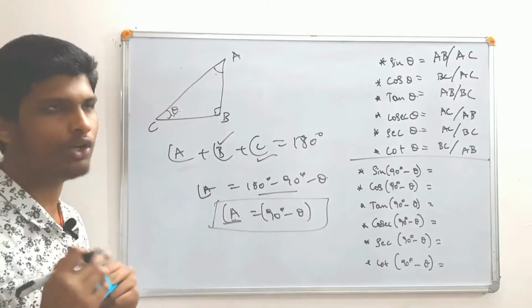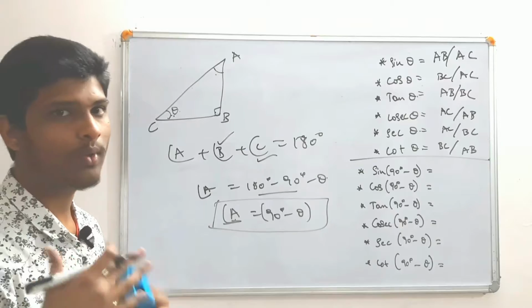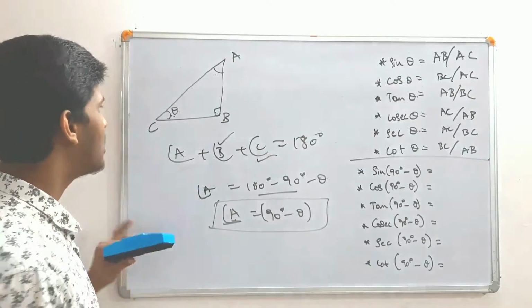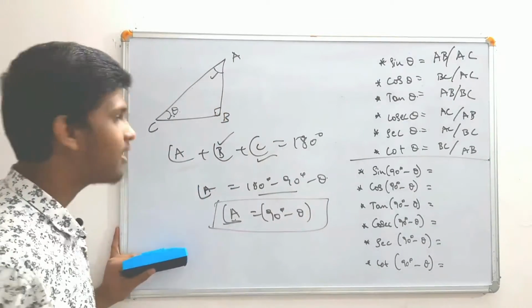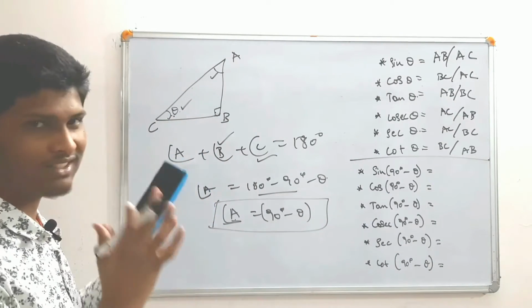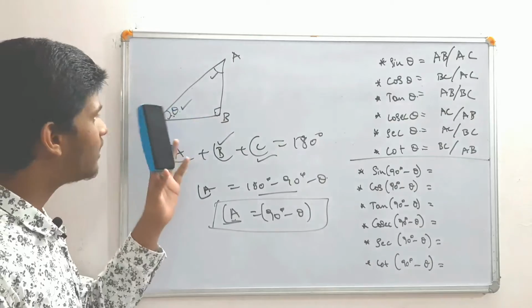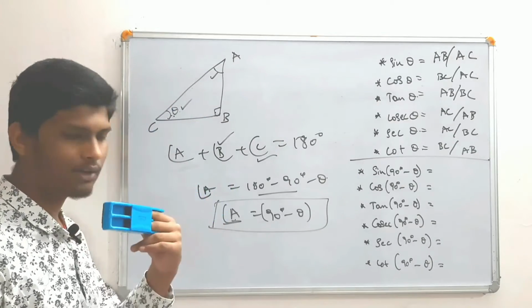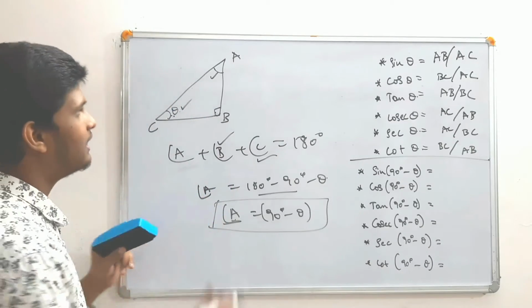If you remember in trigonometry 02, while discussing introduction to ratios, we found the ratios for angle A, and even for angle C. It is the same, but this time for one angle we consider theta and for the other angle we consider 90 minus theta. That is nothing but this angle only.